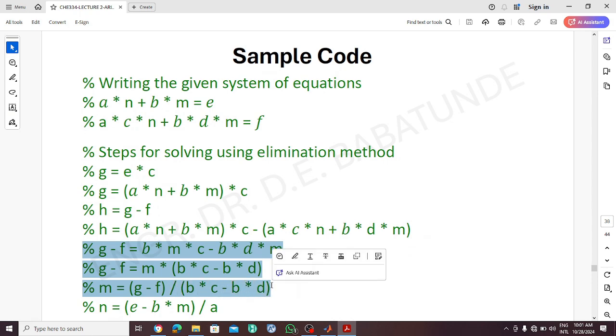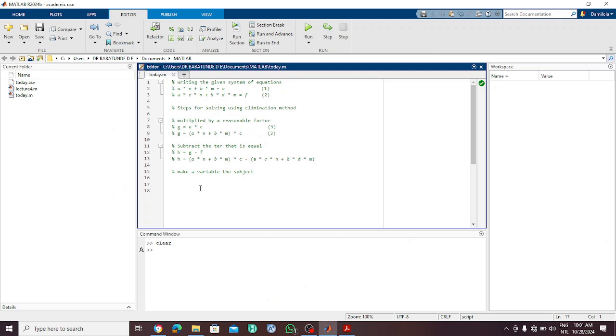So when we make m the subject, that means we can get the value of m.